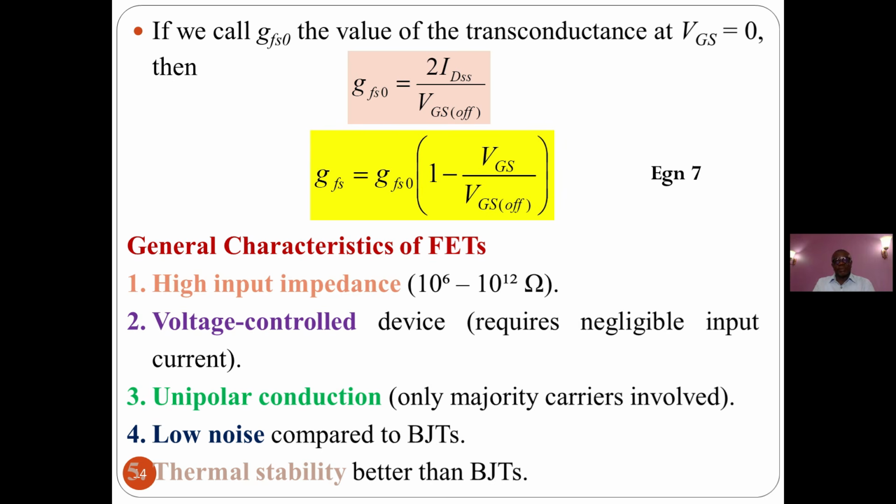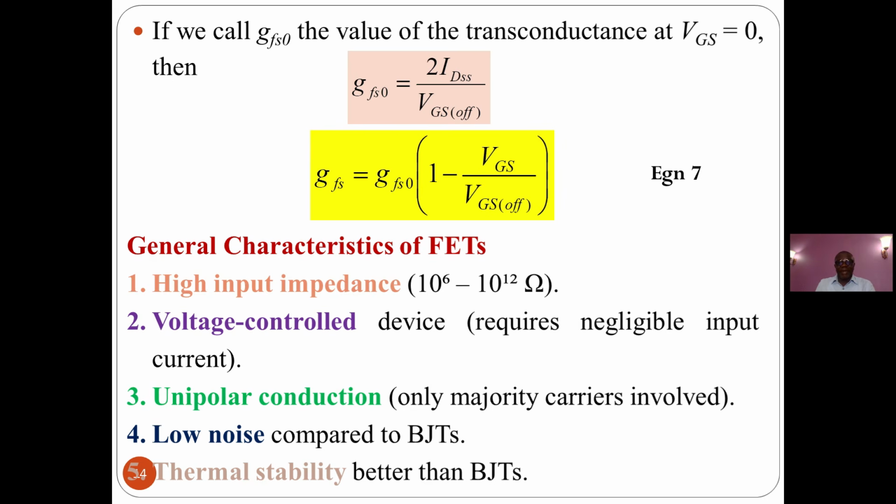The first one is that they have high input impedance ranging from 10 raised to power 6 to 10 raised to power 12. Shortly, we will still see the importance of this high input impedance. The second characteristic is that they are voltage-controlled devices.